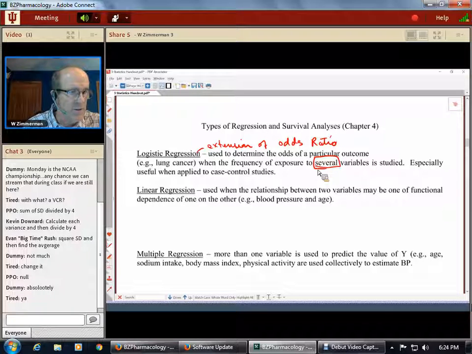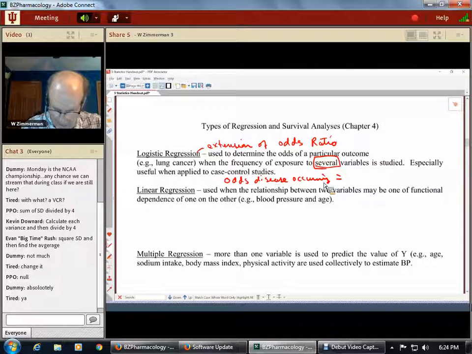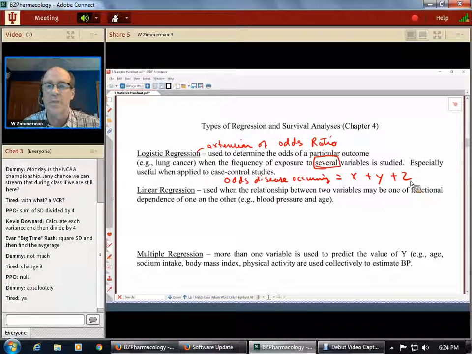But what you're going to do is, the odds of a disease occurring can be equal to several variables. I was going to say X plus Y plus Z, that particular disease.